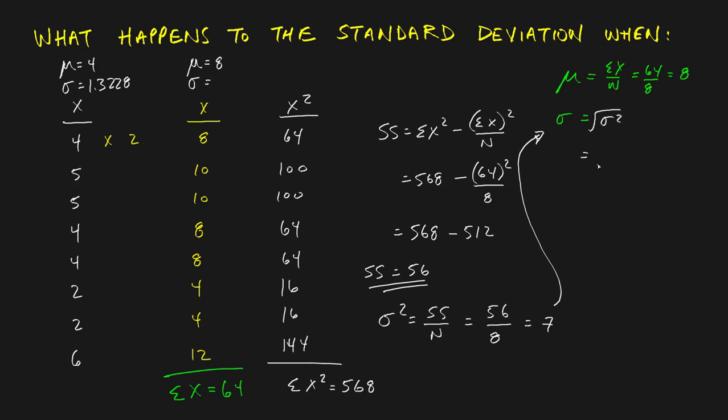And so I need the square root of 7. Let me just see if I can figure that out. And it comes out to be 2.6457. Okay, so this is my new standard deviation. Remember, the original one was 1.3228.